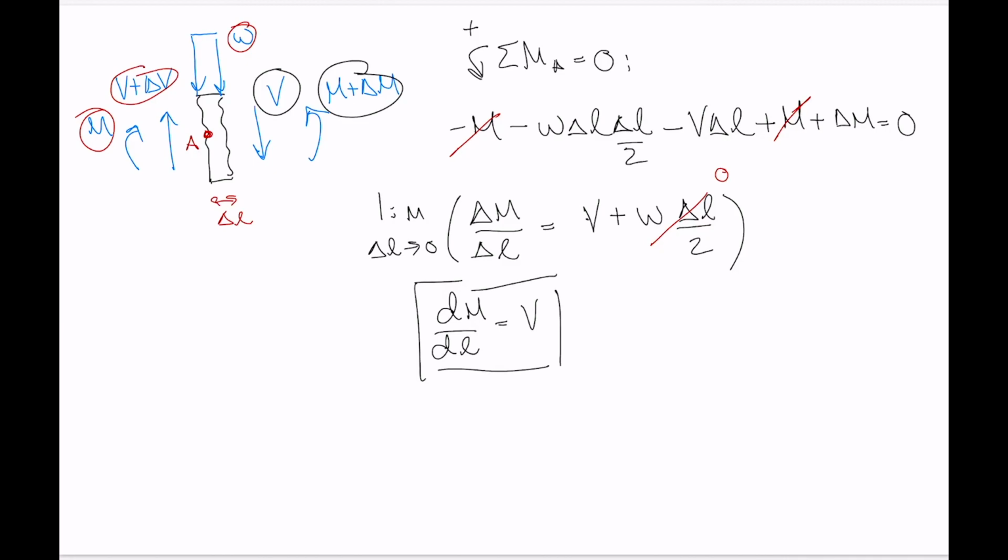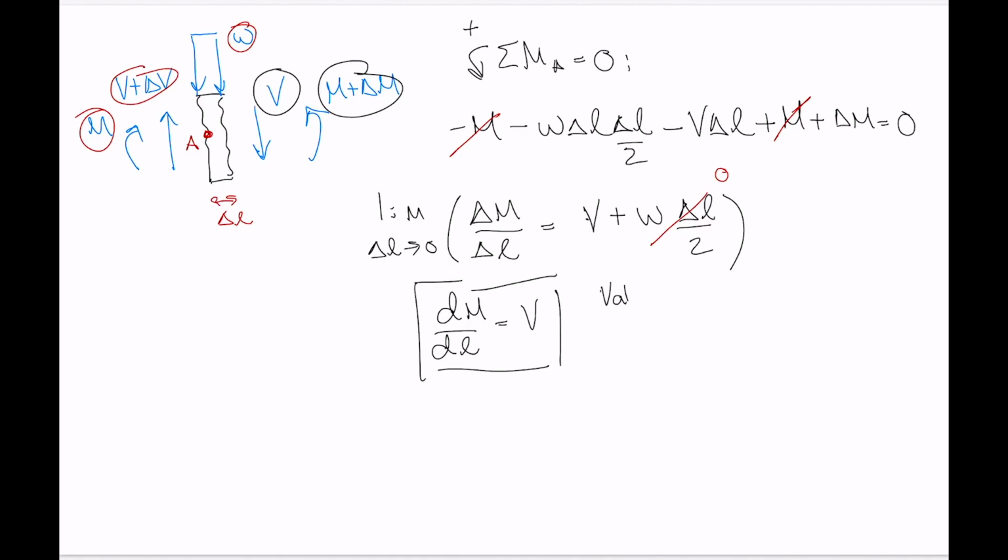That says that the slope of the moment diagram, which is dM/dL, is equal to the value of shear. So at any point L along the length of a beam, the slope of the moment diagram is equal to the value of shear, or the value of shear gives you the slope of the moment diagram.